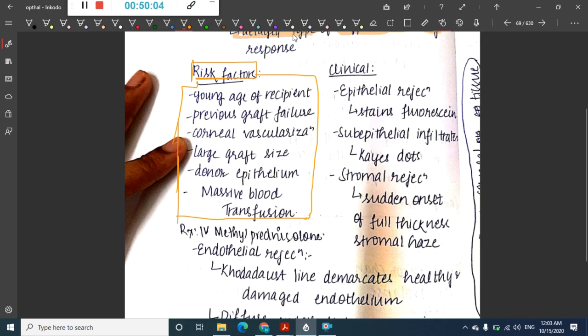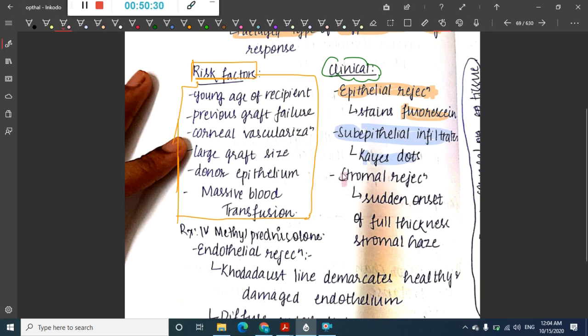Now, whenever there is graft rejection, what is seen clinically? Mainly you will see these things. One, epithelial rejection, which stains with fluorescein. Then subepithelial infiltrates, which are Kayser's dots.